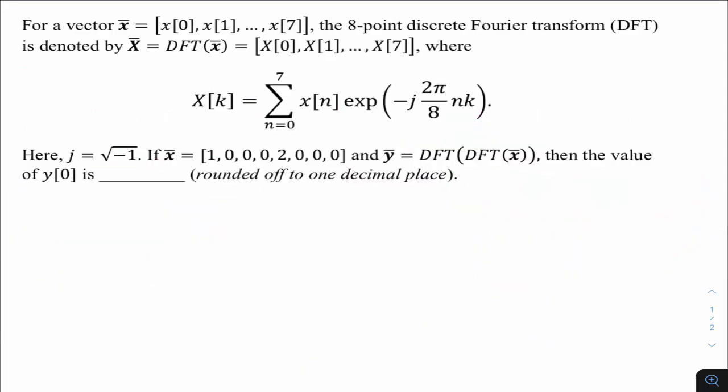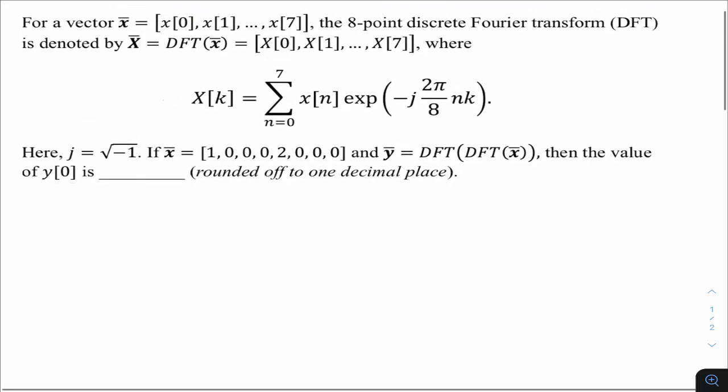This question is asked in GATE 22 of Electronics. This is from Signals and Systems, from the DFT topic. The question is, for a vector x bar equals x0, x1 up to x7, the 8-point DFT is denoted by capital X bar, which is DFT of small x bar, capital X0, capital X1 up to capital X7, where X of k is this standard DFT equation, where j is square root of -1.